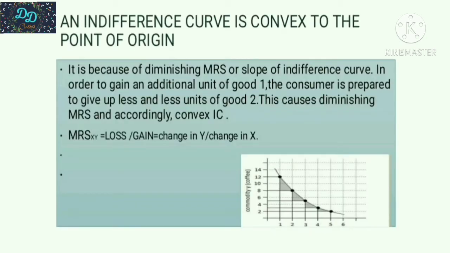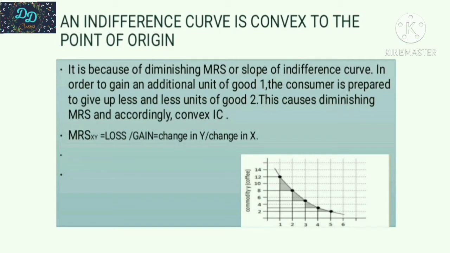The next property is that an indifference curve is convex to the point of the origin. It is because of the diminishing marginal rate of substitution, or slope of the indifference curve. So in order to gain an additional unit of good 1, the consumer is prepared to give up less and less units of good 2.